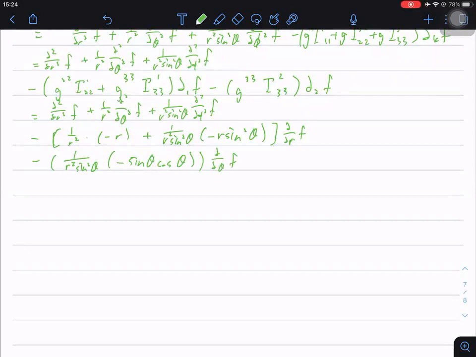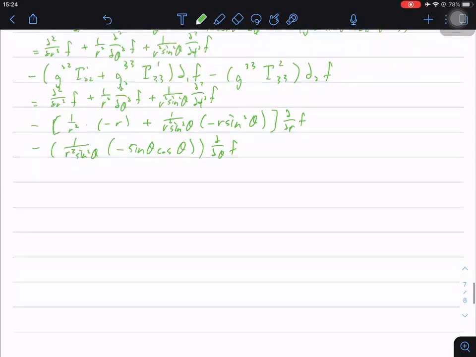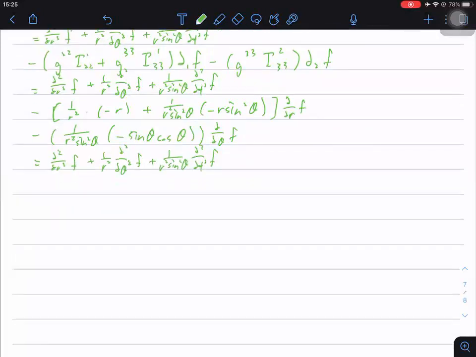Again, to simplify it, so we have minus, okay, plus 2 over r here, and plus cotangent theta over r squared here.